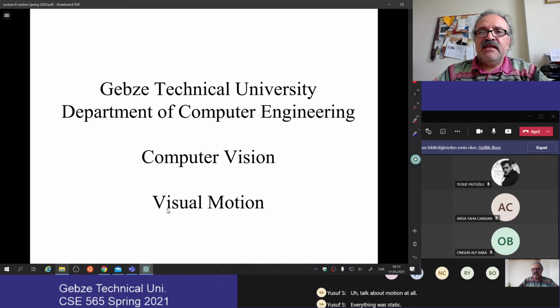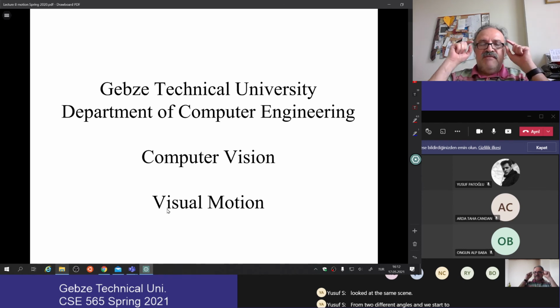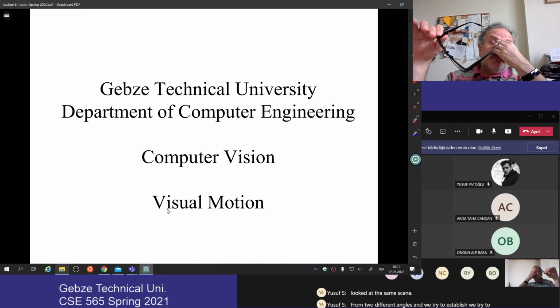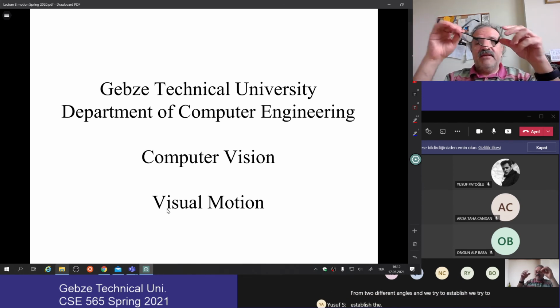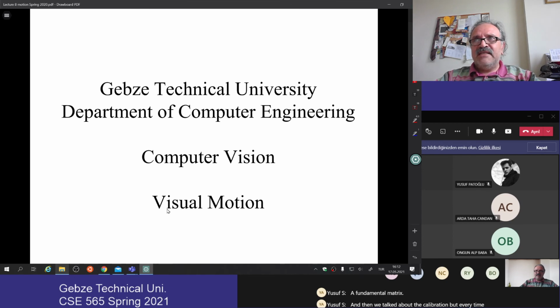We took a single image of a scene, we did the edge detection, feature point detection, key point detection, etc. Later we looked at the same scene from two different angles and tried to establish the fundamental matrix, and then we talked about calibration, but every time the scene was static.